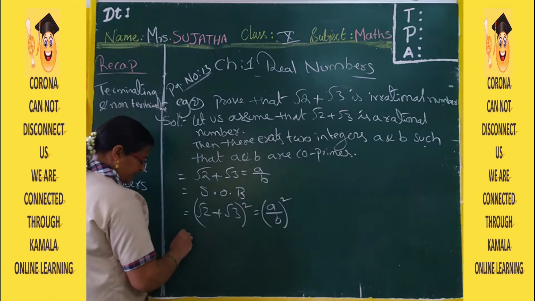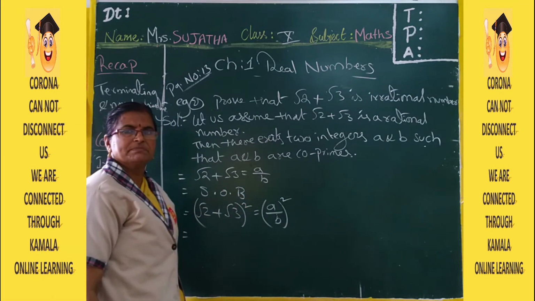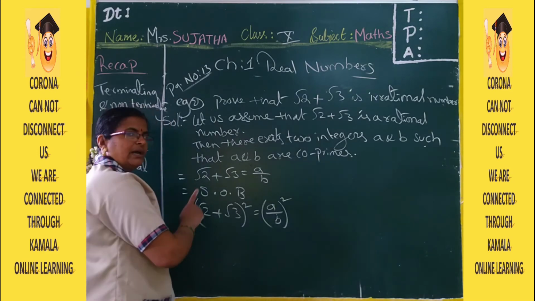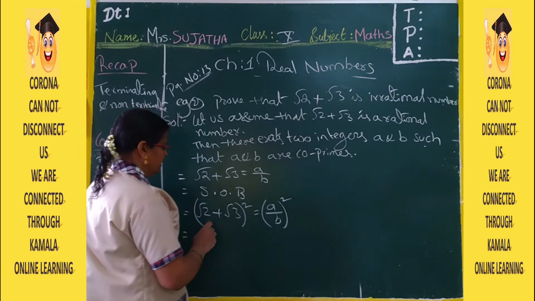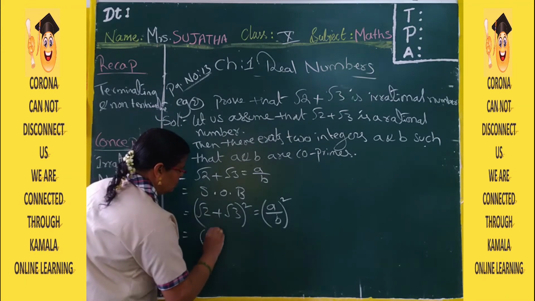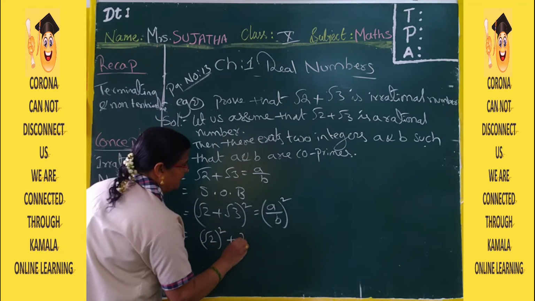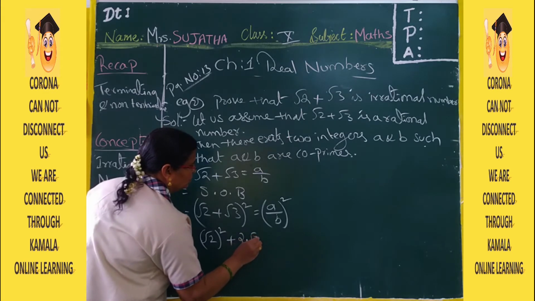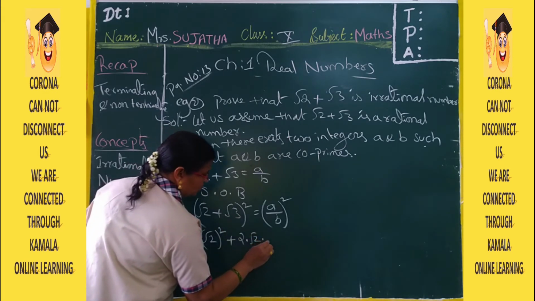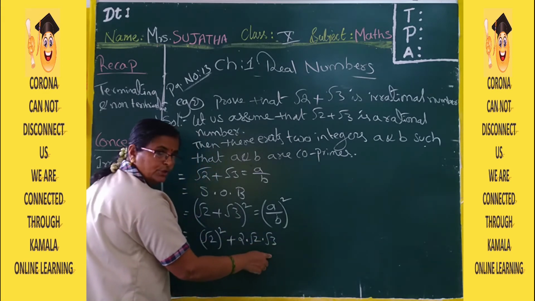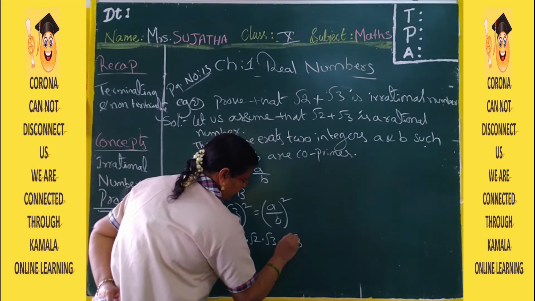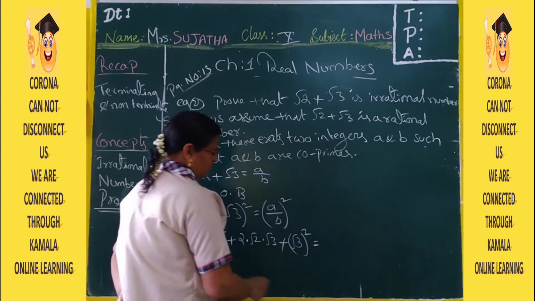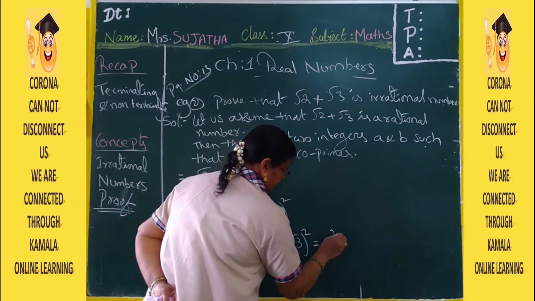Now square it. This is in the form of a plus b whole square, that is a square plus 2ab plus b square. So root 2 whole square plus 2 into root 2 into root 3 plus root 3 whole square is equal to a square by b square.